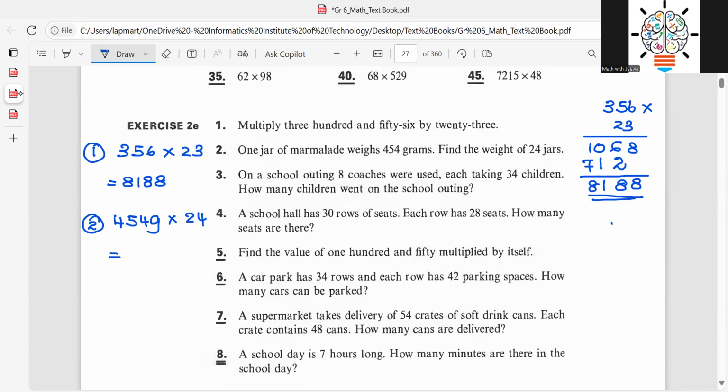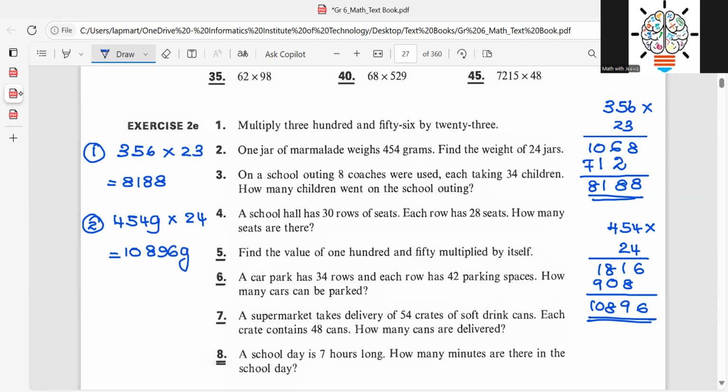So what we do, 454, we multiply by 24. So we get 10,896. So here we write 10,896 grams, right? You want to write it with the units.